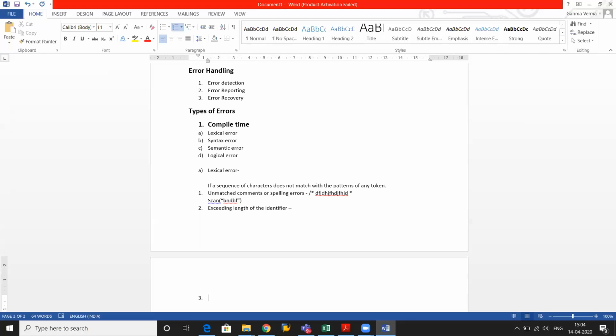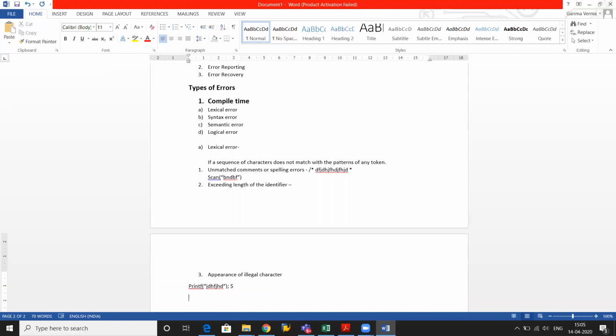The third error you can find is the appearance of an illegal character. For example, I've written printf and some message with it. And after closing, by mistake, I have added a $ sign after the line.